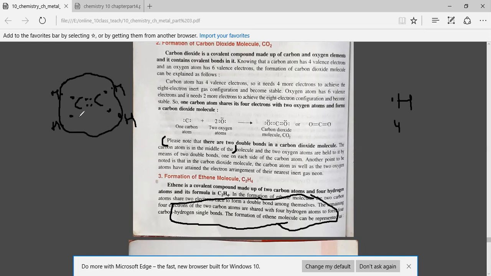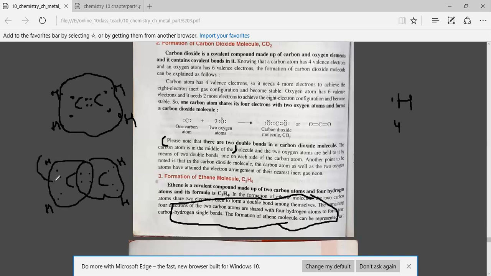Let me make it one more time. This is C, and this is C, with one electron here, one here, and this is H, and this is H. This carbon has completed the octet, and this carbon has also completed the octet.